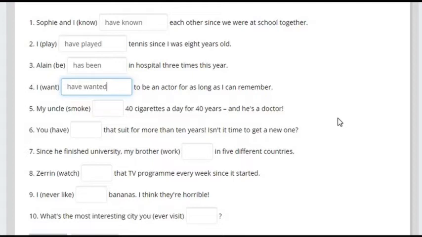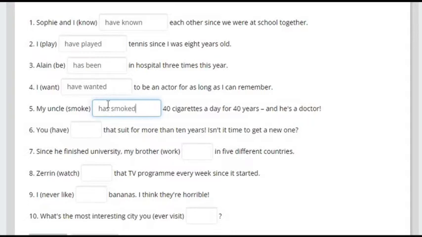Let's go to the next sentence. My uncle smoked 40 cigarettes a day for 40 years and he's a doctor. So the right answer is my uncle has smoked.